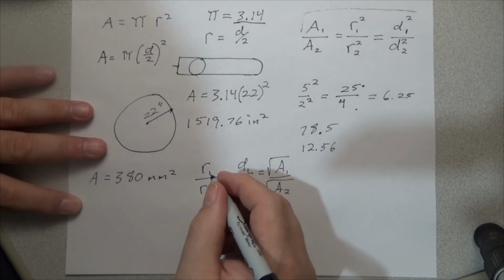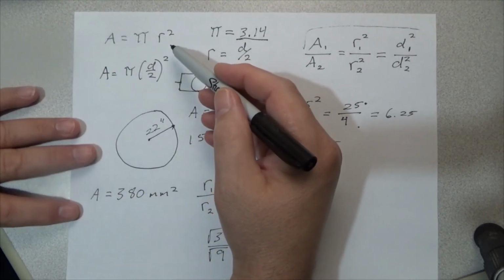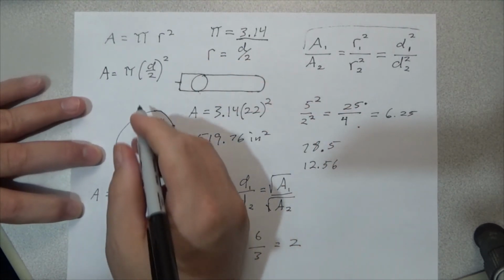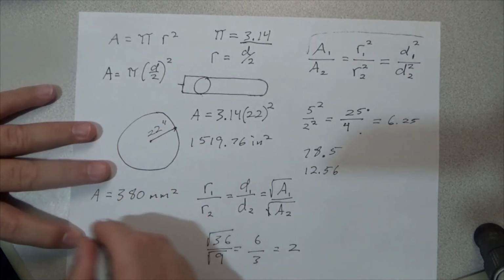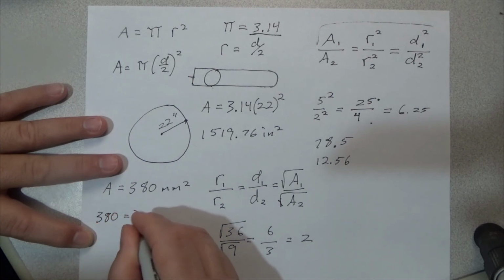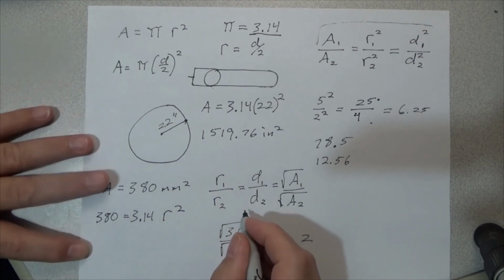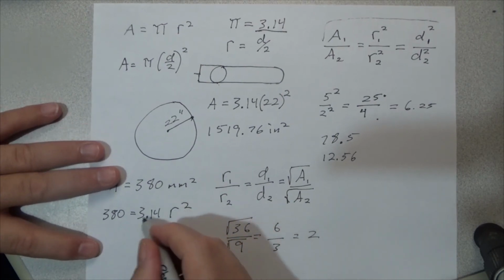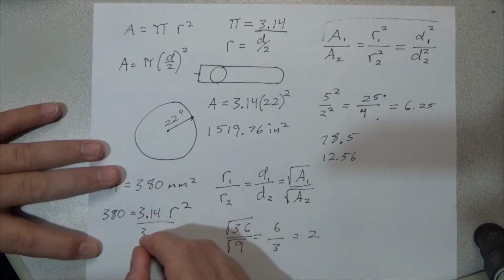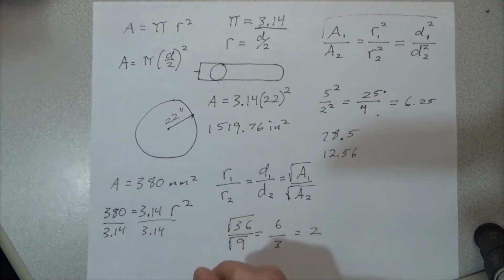And what we're looking for in this case is the radius. So if I look right here, here's my formula. What I have here is 380 is equal to pi, which is 3.14, times the radius squared. Well, I divide out 3.14, and then I have to take the square root of it.